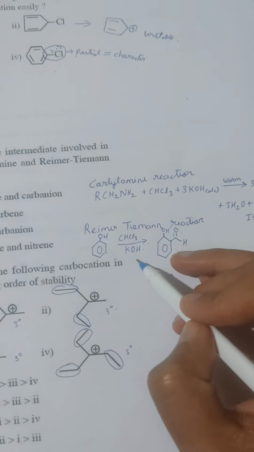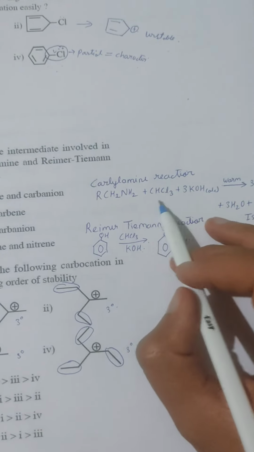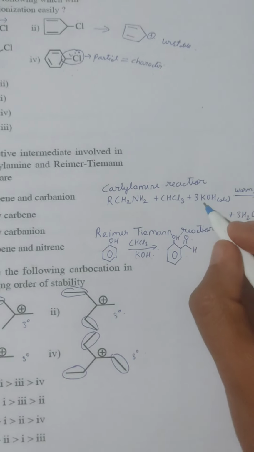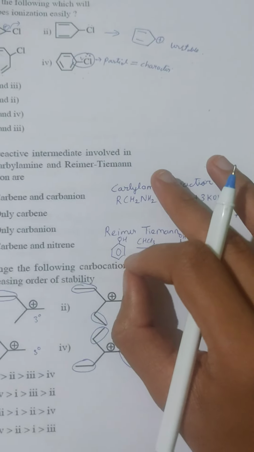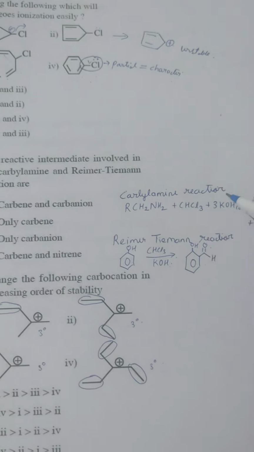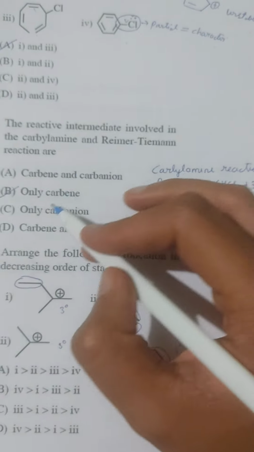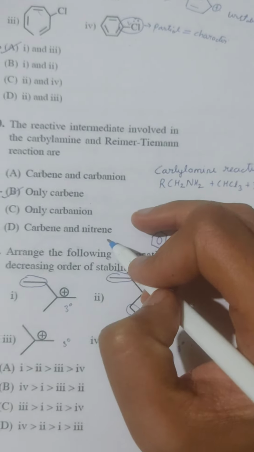Please remember one point, that CHCl3 in presence of a strong base will give rise to carbene. So since both have the same reactant, the only possible intermediate is carbene, not carbanion nor nitrene.